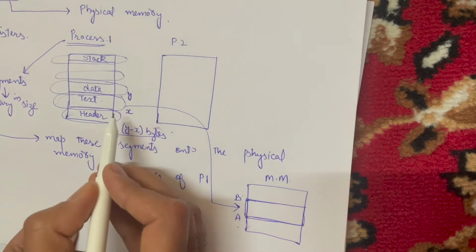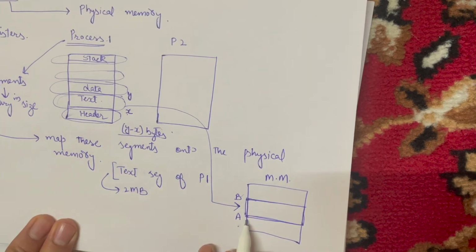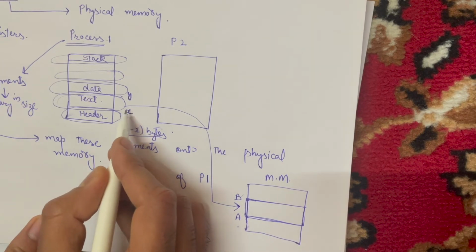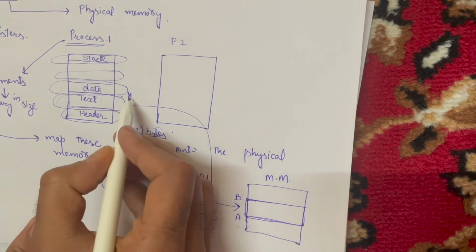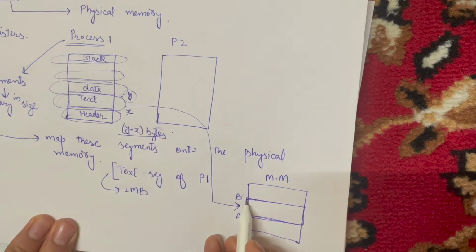We can also say that virtual address X is mapped to A, and virtual address Y is mapped to B.